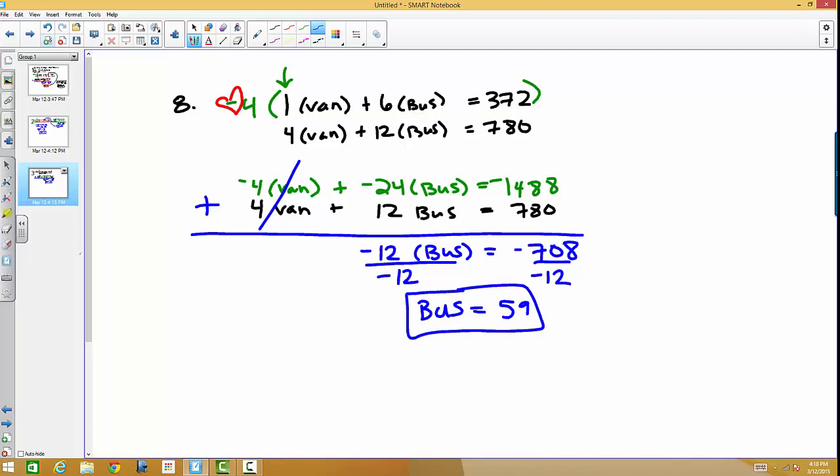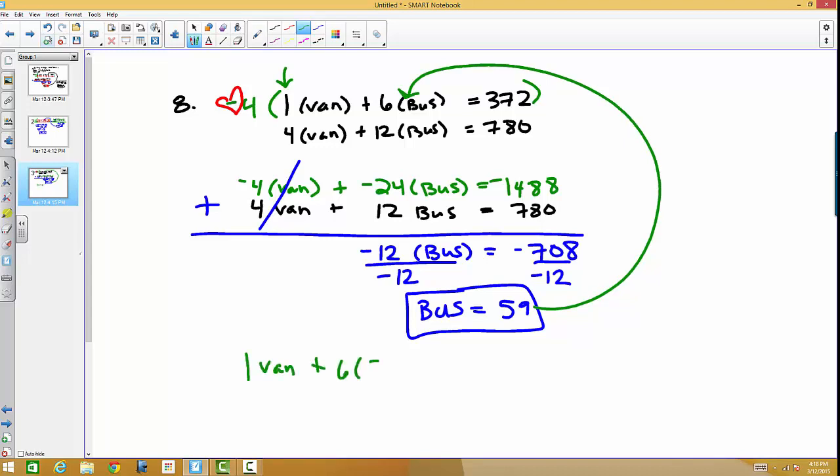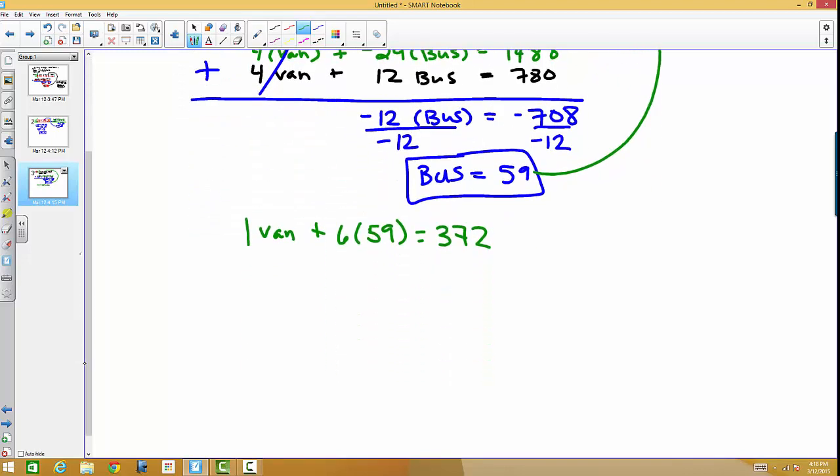It says how much can a van carry also. So we're going to plug that back in for bus. The top one looks a little bit easier. So 1 times the van plus 6 times, we're plugging 59 in for the bus, equals 372. So 6 times 59 is 354.